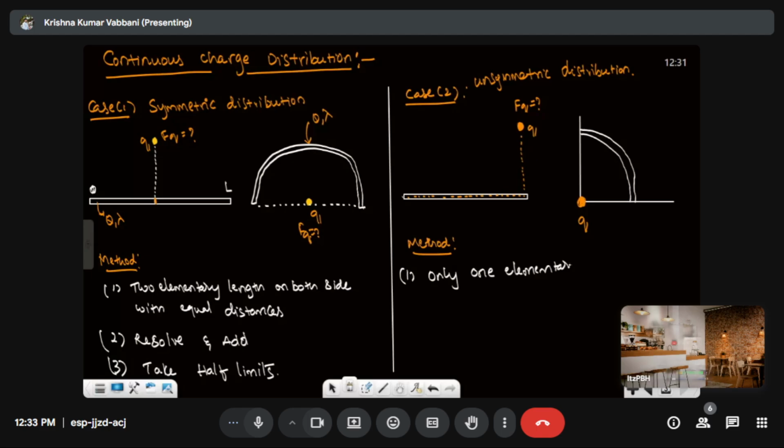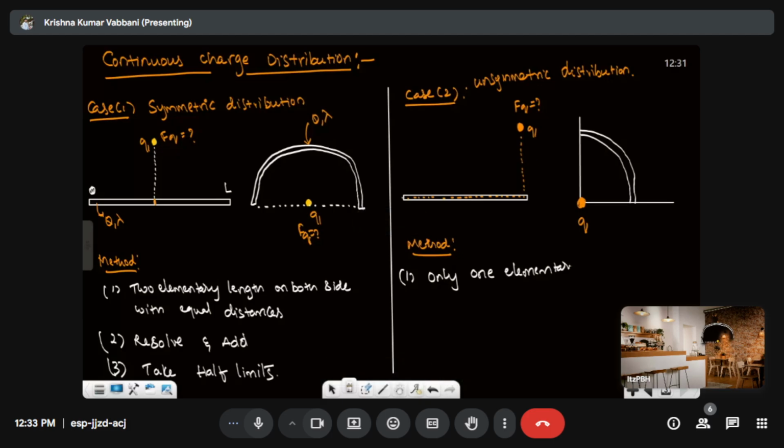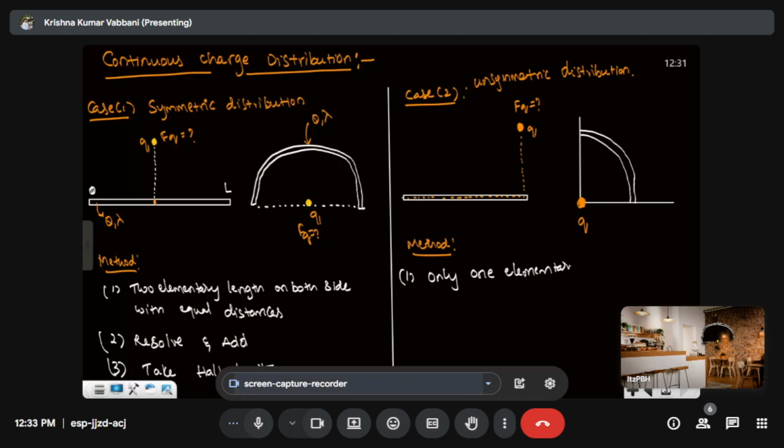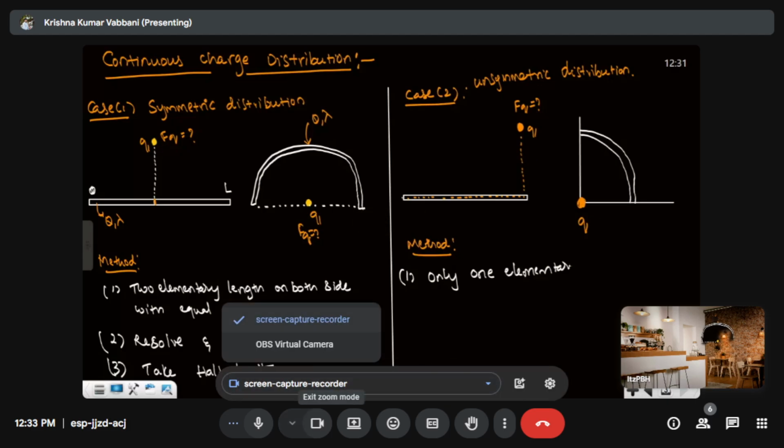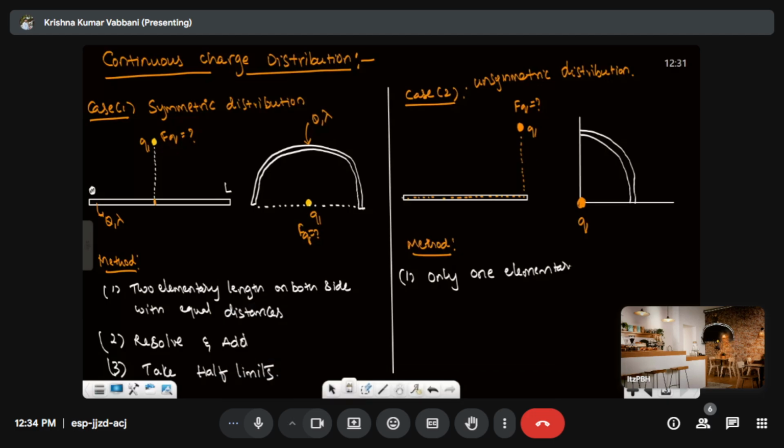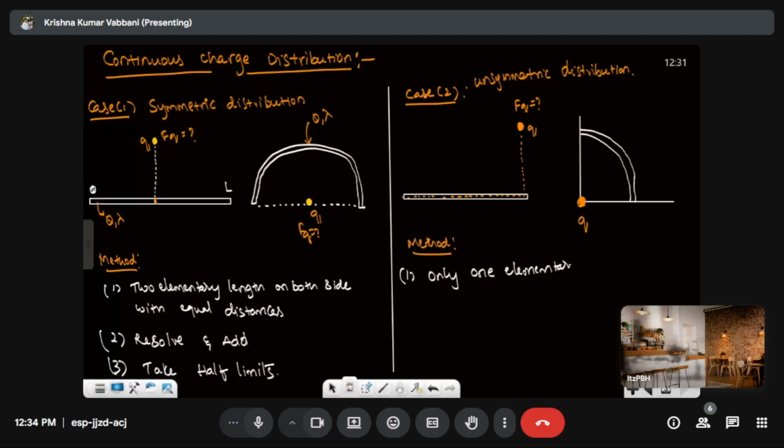This length is dx, and this length is also dx, because it is an elementary length. And the charge is dq, and this is also dq. What is the distance from here? The distance is x, so this side is also x.